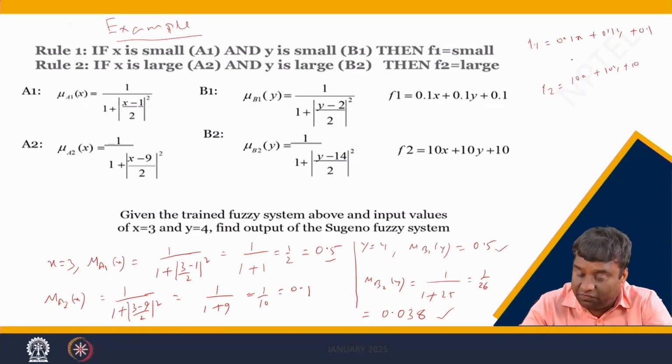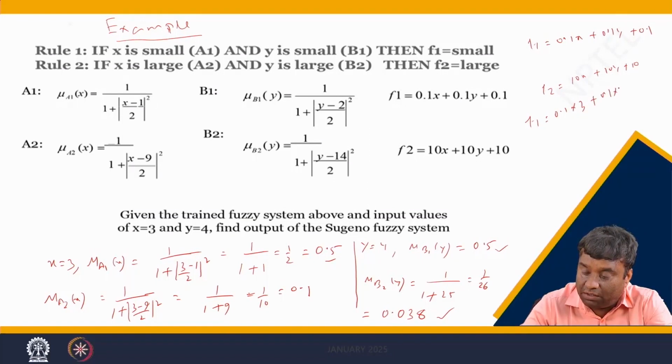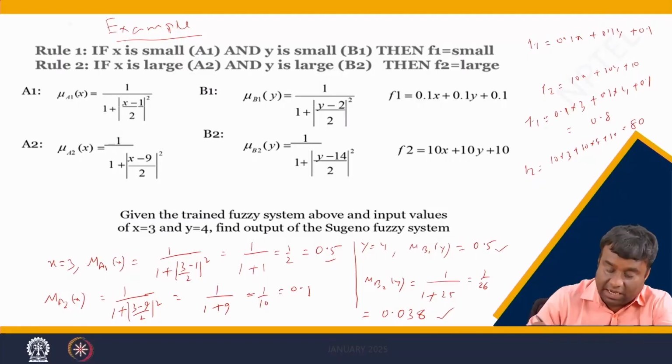And here if you calculate the value, f1 is 0.1 into 3 plus 0.1 into 4 plus 0.1, so I think we'll get 0.8. And f2 is 10 into 3 plus 10 into 4 plus 10, so you'll get 80. So these are the calculations.